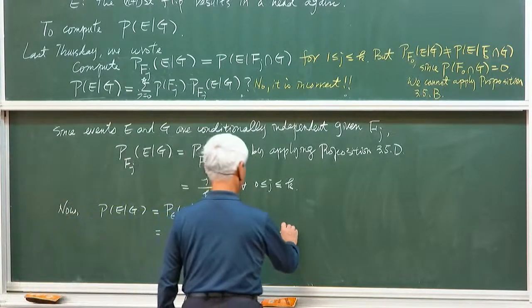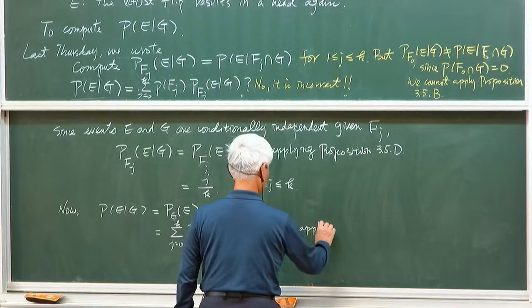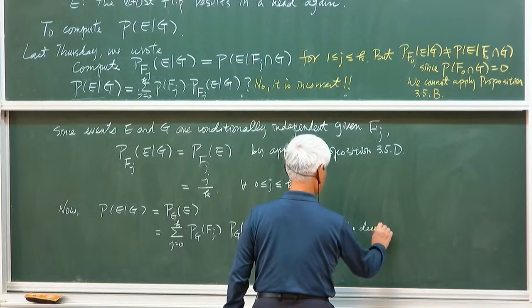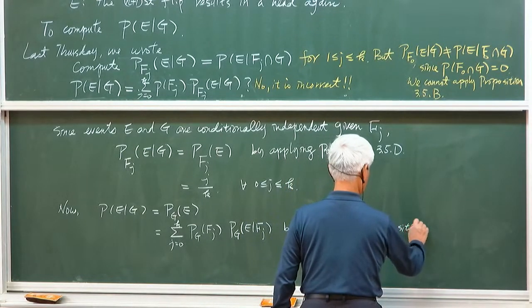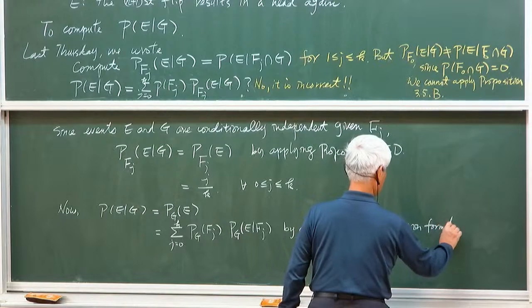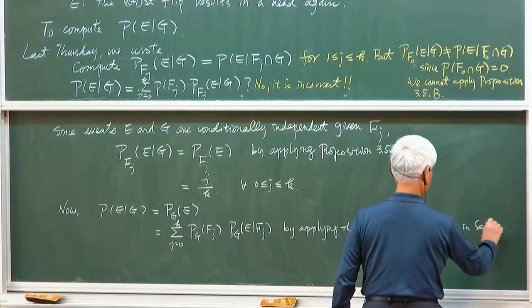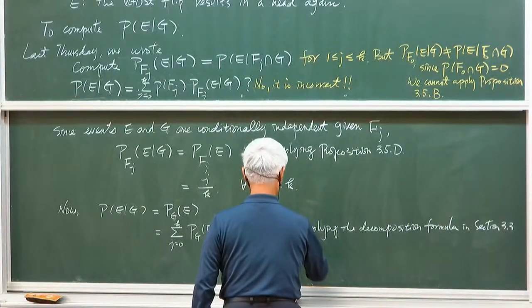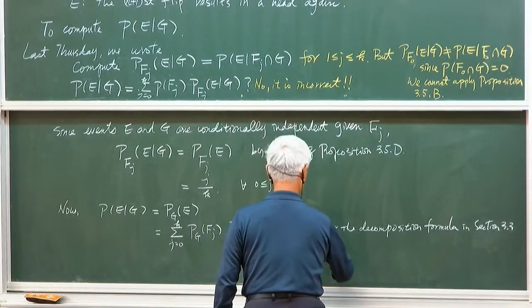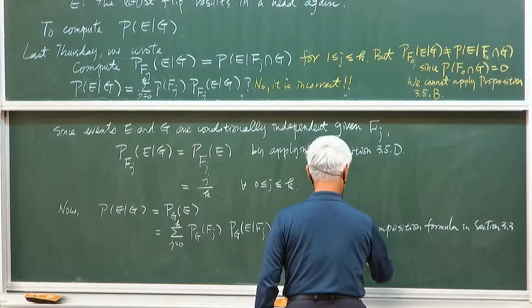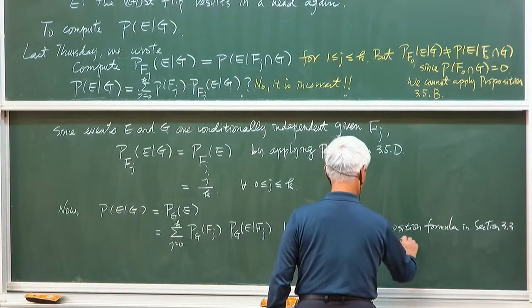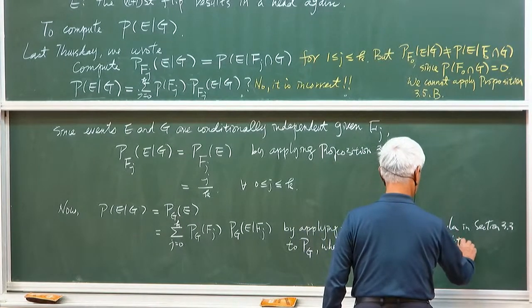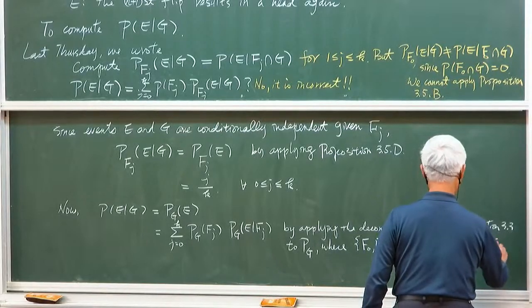All right, so by applying the decomposition in section 3.3, to P of G, where F0, F1, up to F sub k is a partition of the sample space. Okay.